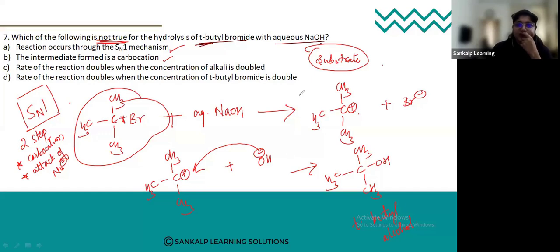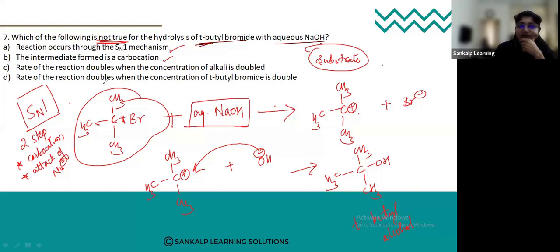So remember that. Because of that, it is an SN1 mechanism. So if you take more alkali, the concentration of the alkali will be doubled.